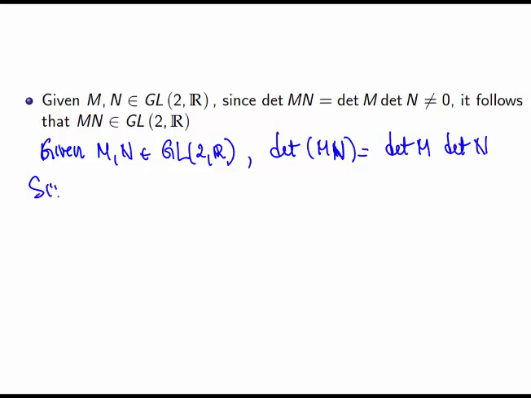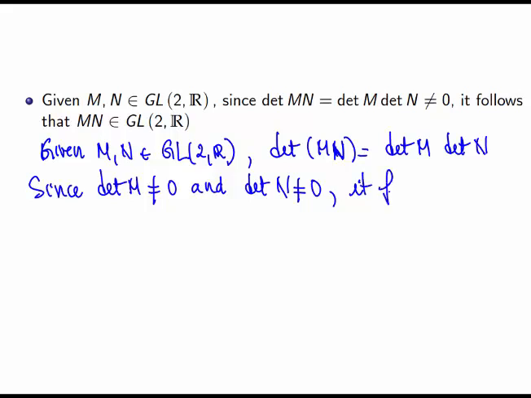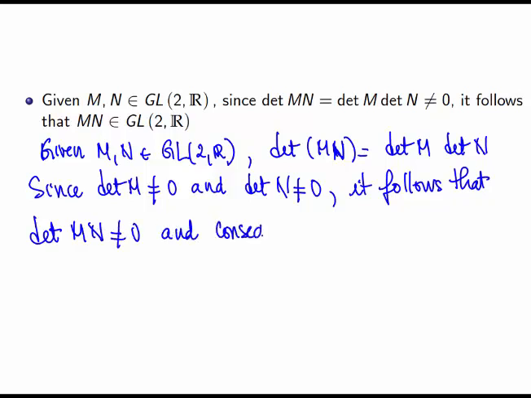And since the determinant of M is non-zero and the determinant of N is non-zero, it follows that the determinant of MN is non-zero, and consequently the product MN is an invertible 2 by 2 matrix.